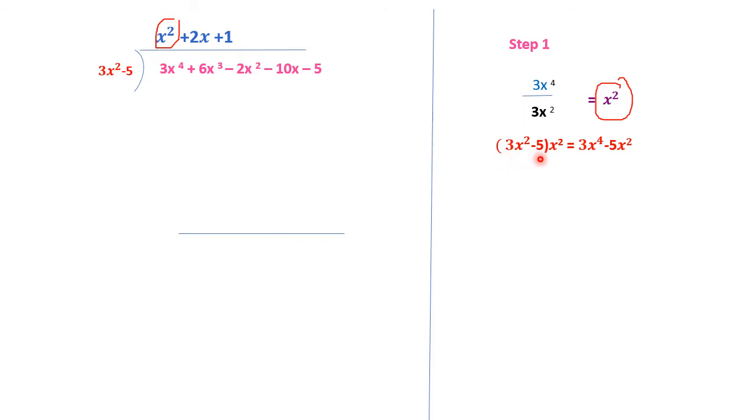On multiplying, we get 3x power 4 as the first term and minus 5x squared as the second term. Now, what will be our next step? We are going to put this value below the polynomial. But did you notice that we do not have the x cubed part? The term x cubed is missing. So what are we going to do? Let us see.